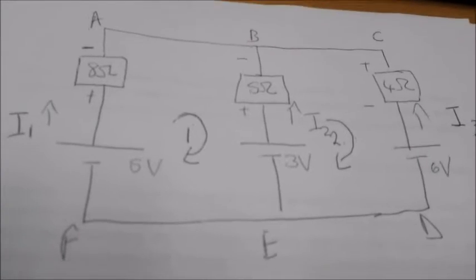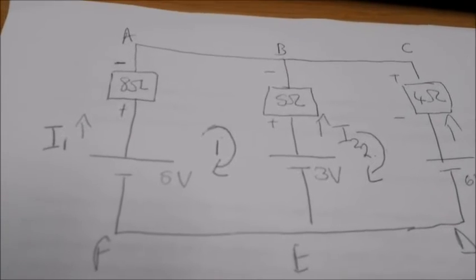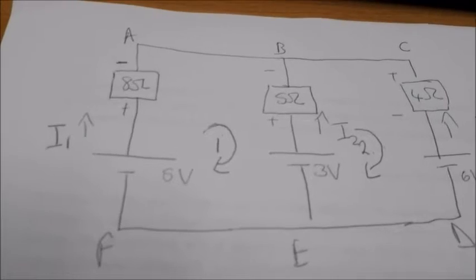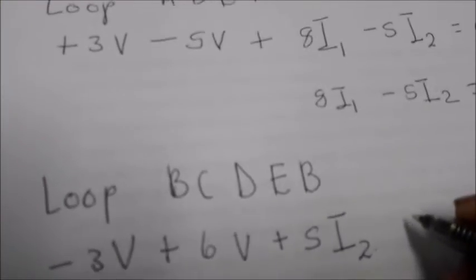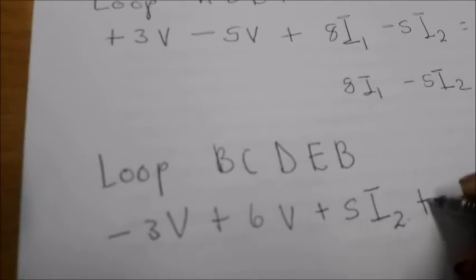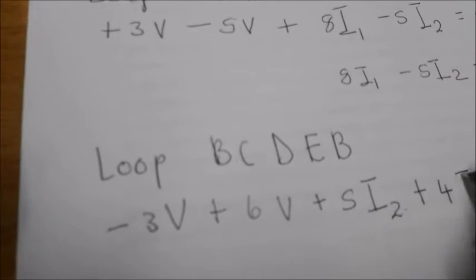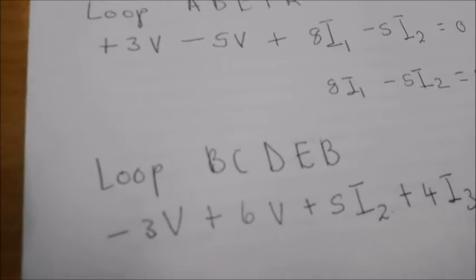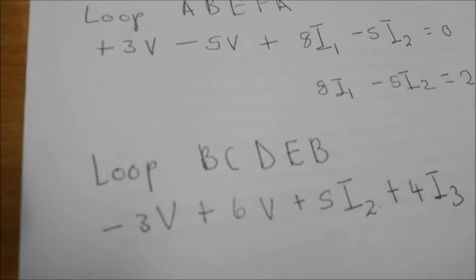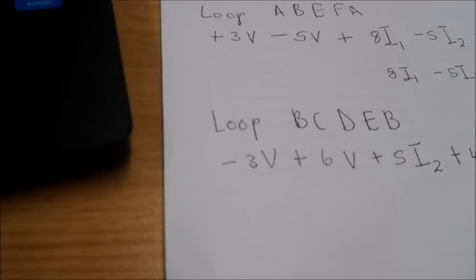Thereafter, we go back to the diagram and look at the last resistor, and the last resistor is the 4 ohm resistor, and it enters it in the positive direction. So we say plus 4 times I3, and this would be equated to 0. When we look at this in totality, it should look like this.